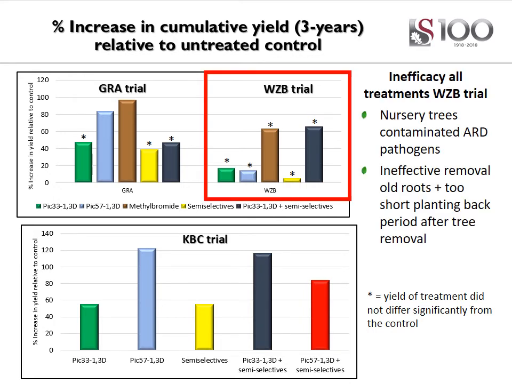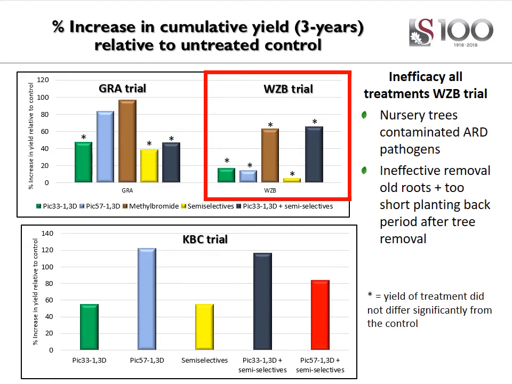The WZB trial did not respond to fumigation or to any of the other treatments. As you can see, there was no significant difference in yield between any of the treatments and the untreated control. There was, however, a strong trend that the methyl bromide and the PIC33 plus semi-selectives increased yield by at least 60% relative to the control.